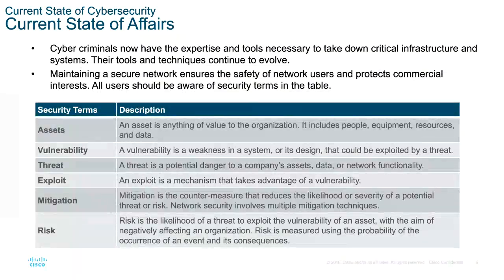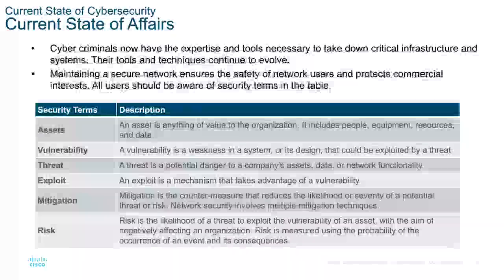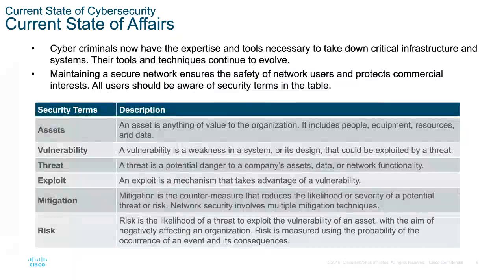Vulnerabilities are weaknesses within the system or its design that could be exploited. A threat is a potential danger to any of the assets. An exploit is the mechanism used to take advantage of that vulnerability.